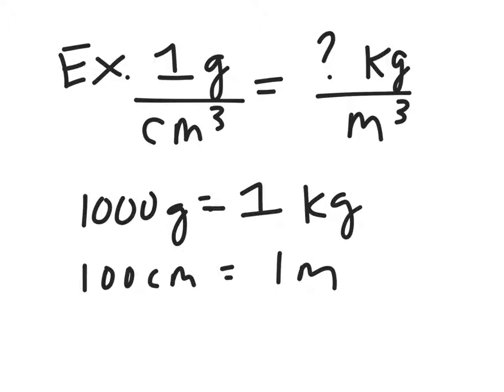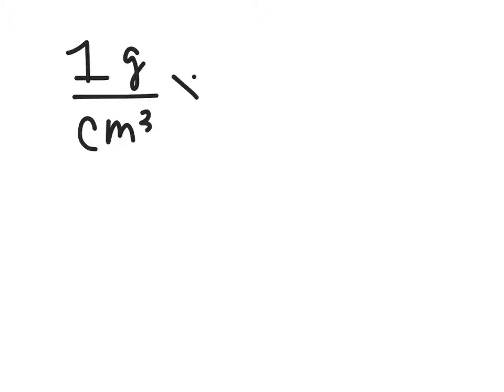So let's take a look at how we'll do this conversion. We start with the unit that we're trying to convert, which is 1 gram per centimeter cubed. And let's work on converting the numerator first. So we're going to try and convert grams to kilograms. So I'm going to multiply that times my conversion factor.